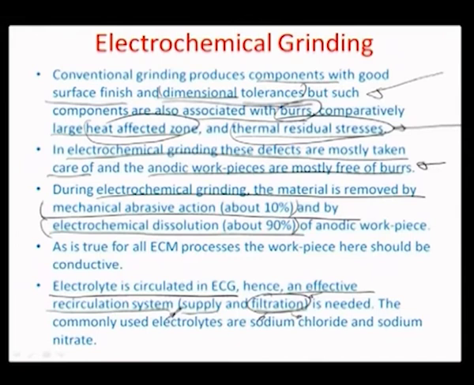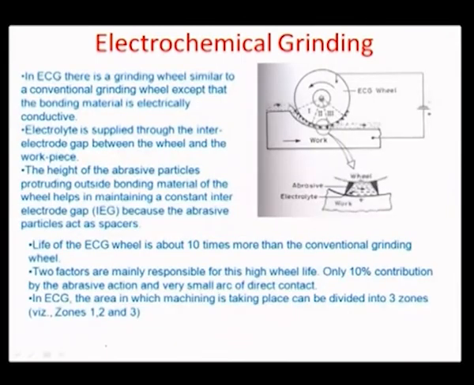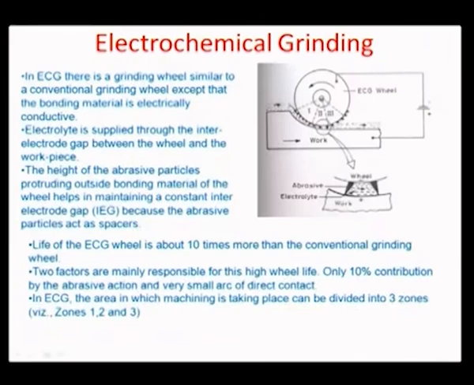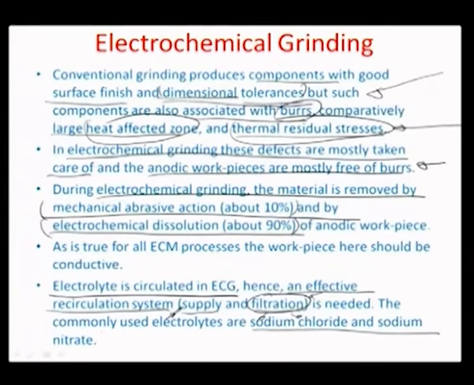And we have seen that sodium chloride and a passivating agent, sodium nitrate, NaNO3, is typically used most of the time for ECM processes. So in this ECG process also a similar composition can be used. As I already illustrated earlier, the role of a passivating electrolyte is to create a high field, so that the ions which come out don't get influenced by the workpiece and the tool surface.